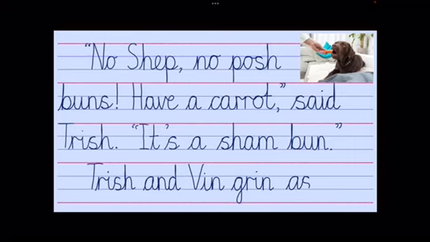As the, there we go. So what do you think's going to be next? As the carrot shrinks in one of Shep's gulps.